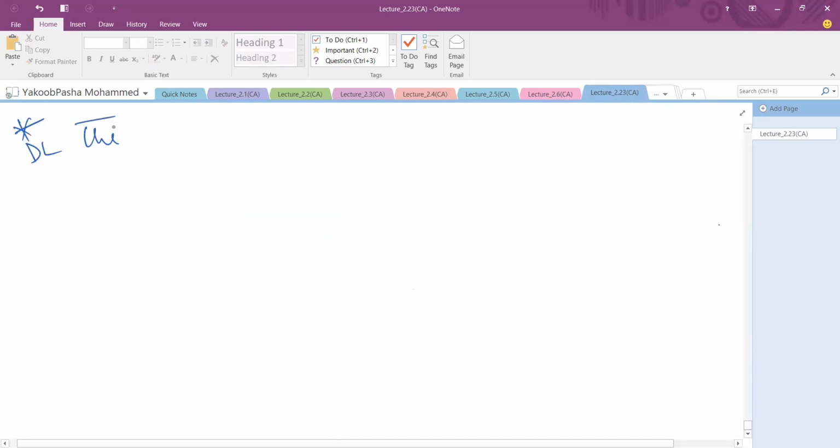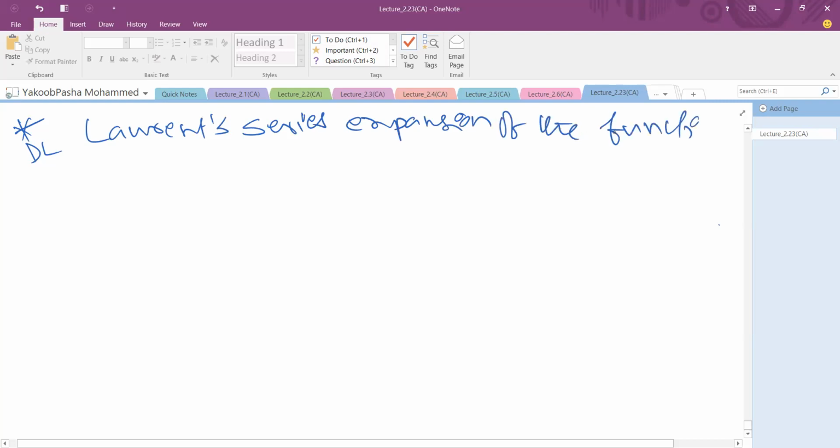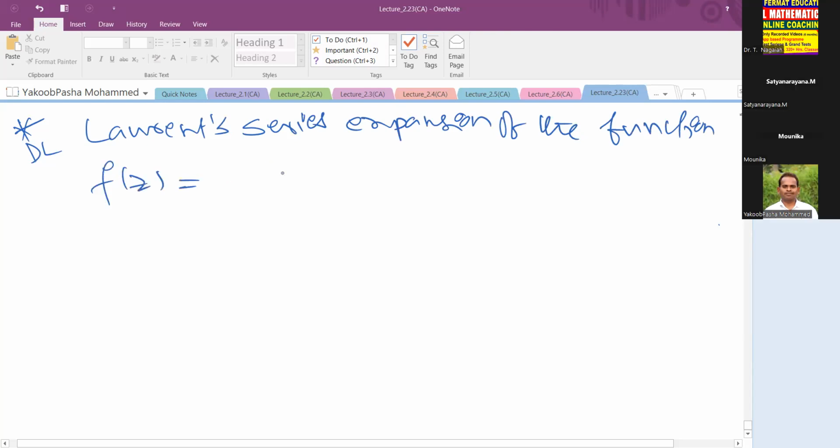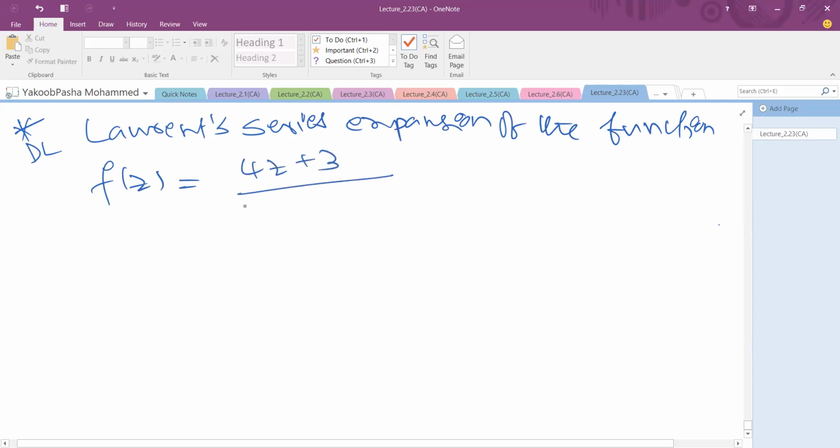Find the Laurent series expansion of the function f of z is equal to 4z plus 3 divided by z into z minus 3 into z plus 2, within mod z is equal to 1.